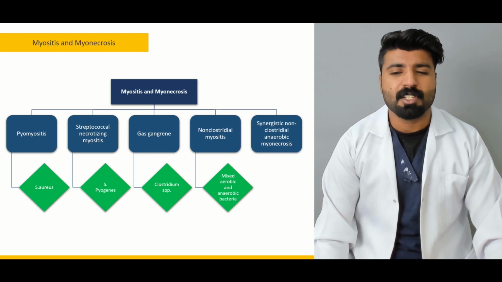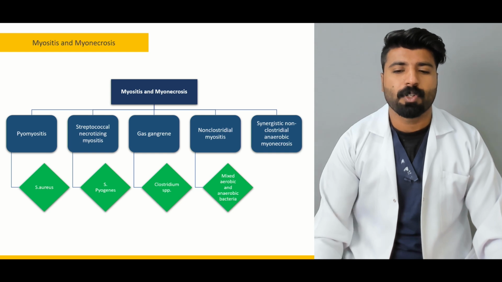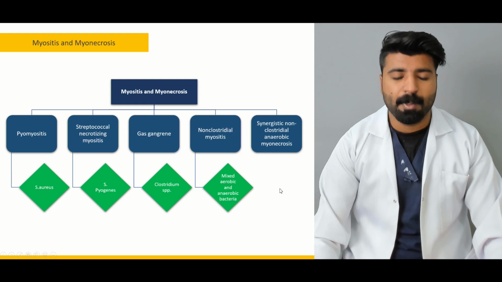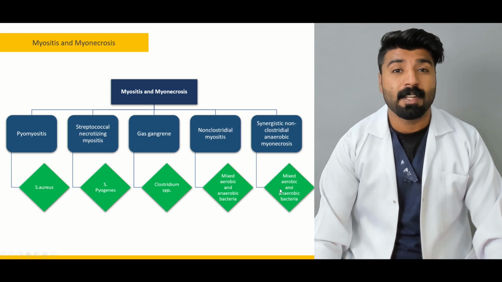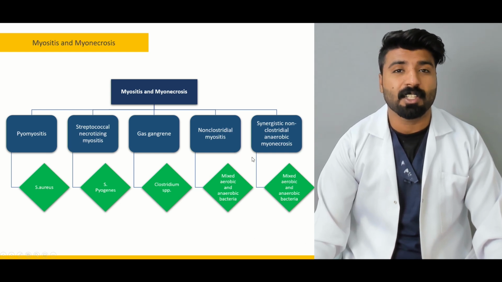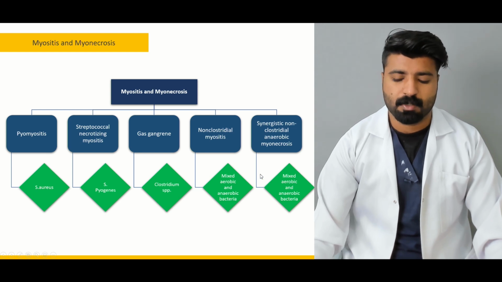Next on we have synergistic non-clostridial anaerobic myonecrosis. We talked about myositis from these organisms, aerobic and anaerobic. Now we're talking about the necrosis from mixed aerobic and anaerobic organisms that leads to this condition. That's why it's called synergistic, meaning mixed aerobes and anaerobes are coming in. Non-clostridial, we talked about Clostridium is not involved, myonecrosis.